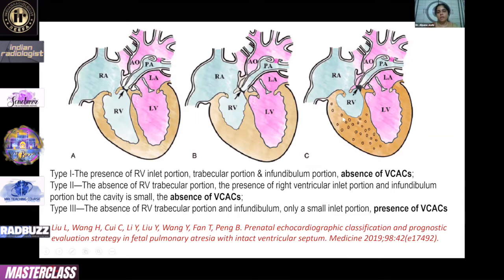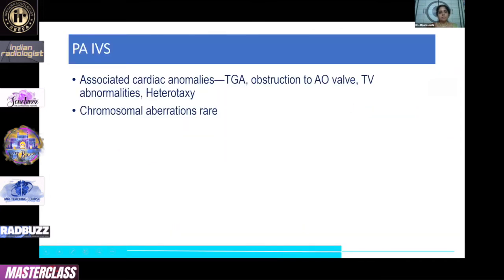As you can see here, where the ventricular cavity is totally diminutive, is where you see these communications more frequently. Whereas this is also a pulmonary atresia, but you can see the inlet portion, the trabecular portion, and the infundibular portion are seen, they're developed. Whereas here there is hardly a small amount of infundibular, the inlet portion is seen and everything else is hypoplastic.